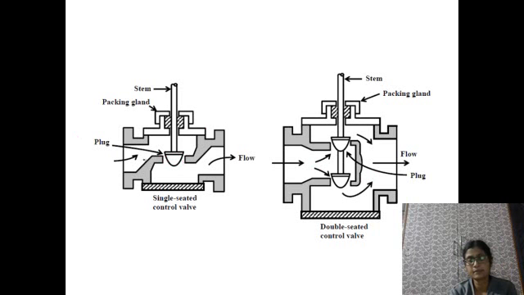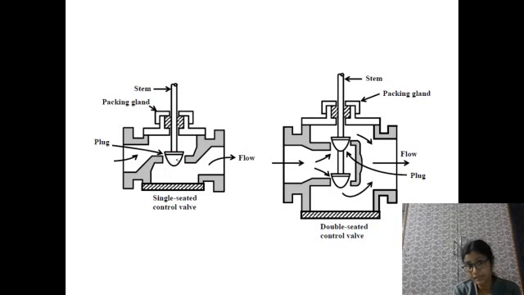But the problem is the thrust of fluid over this plug is more. But if the fluid flow can be divided by two paths, then the thrust on the plug will be comparatively less than the single seated valve.